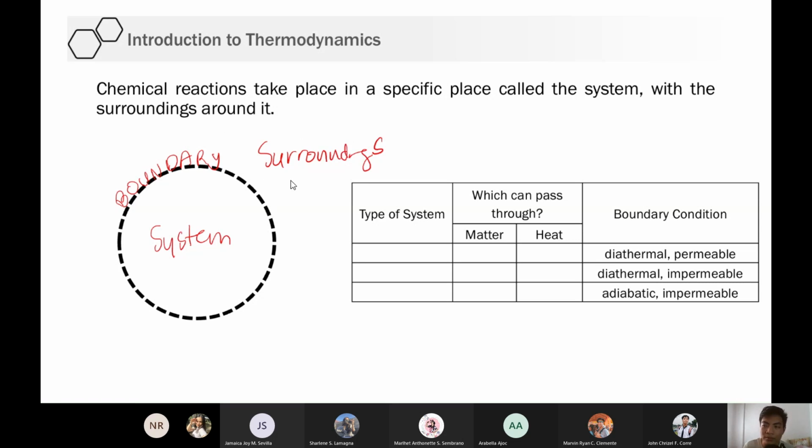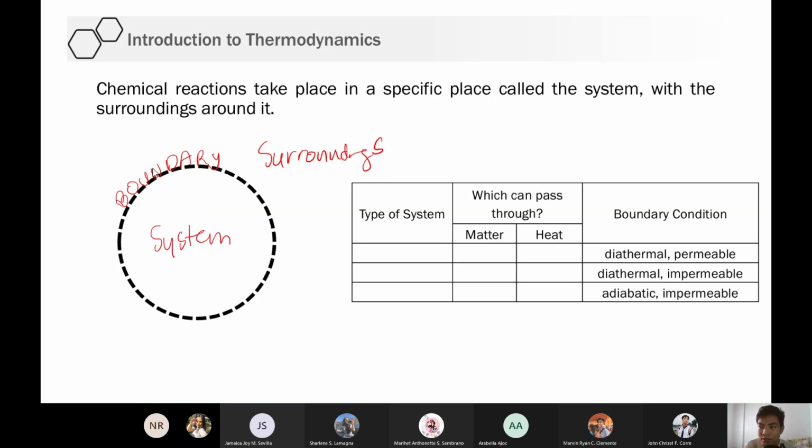Yung nangyayari sa moon, surroundings din yan. So, pag sinabing surroundings, anything outside the focus. Even yung Voyager na nasa labas na ng solar system, surroundings siya. So, in studying thermodynamics, this is important. And our focus is always on the system.